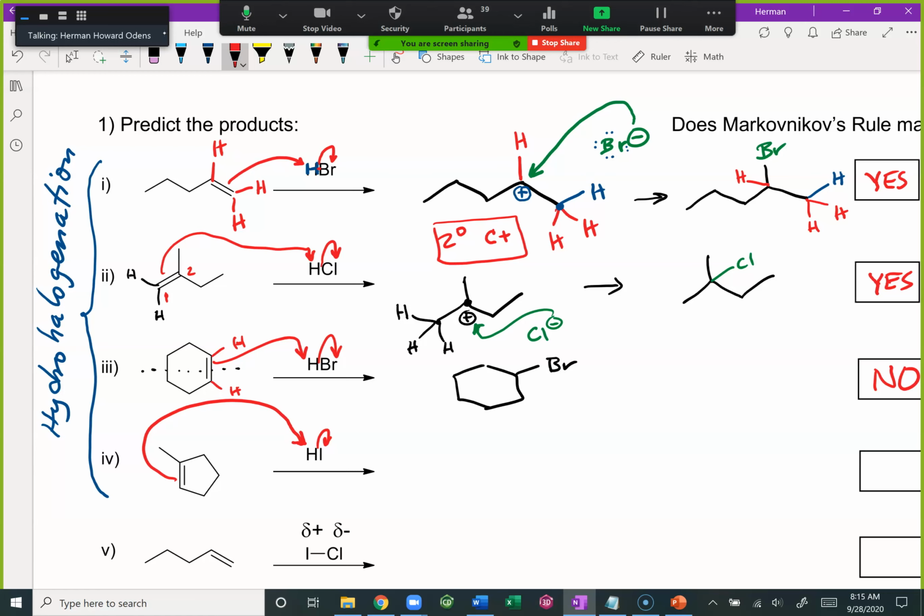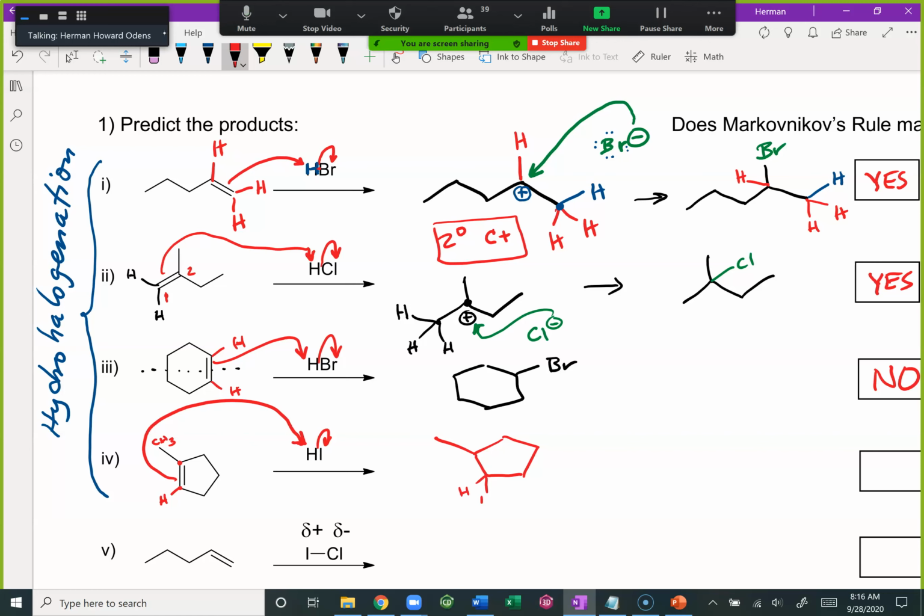So when that happens, this carbon right here has an H. This carbon right here has a methyl group. So according to Markovnikov, the H from the acid will go to this carbon right here. So without the mechanism, I'm going to do it stepwise. So here, this is what I will have.